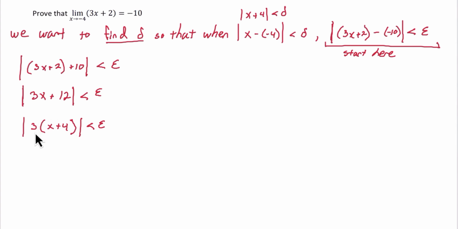Notice that 3 is a positive number and it's inside the absolute value bars. Since it's already positive, we can simply pull it out of the absolute value. And we have 3 times the absolute value of x plus 4 is less than epsilon. And now, again, our goal is to get x plus 4, so we can simply divide by 3. We'll get x plus 4 is less than epsilon divided by 3.